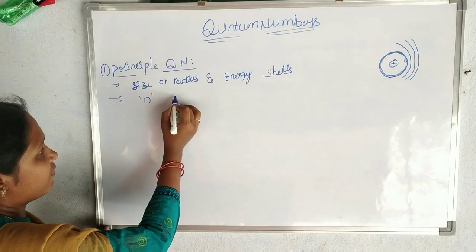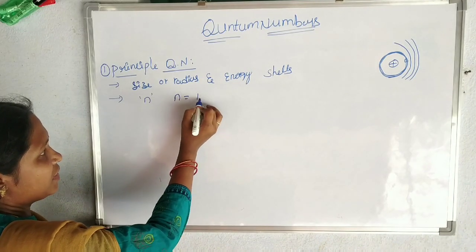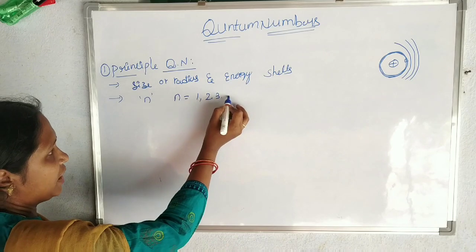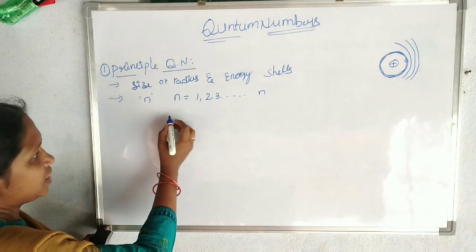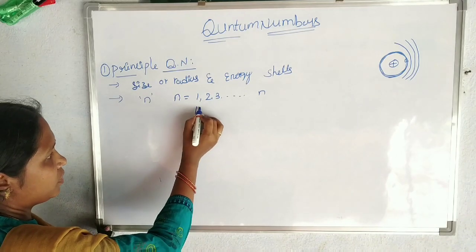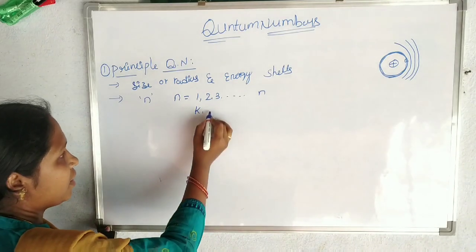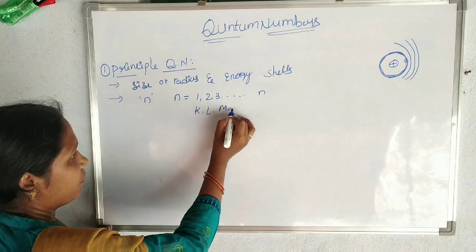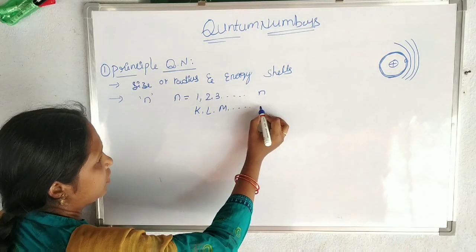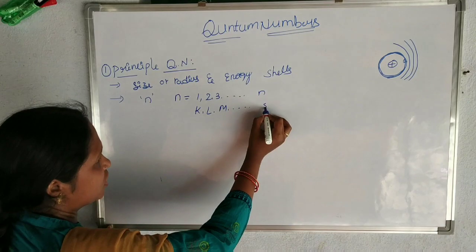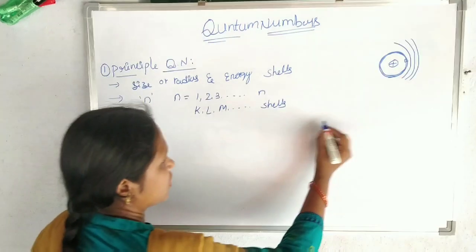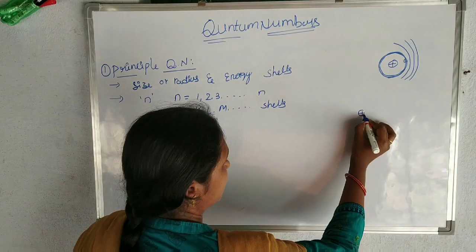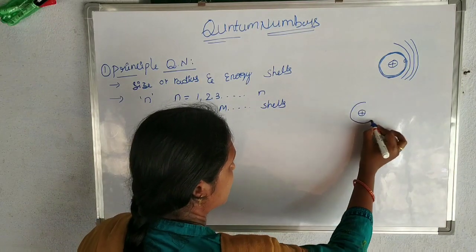It has values n = 1, 2, 3, and so on up to n. Those are also named K, L, M, N, and so on. These are the shells. Suppose we take an atom with a nucleus.